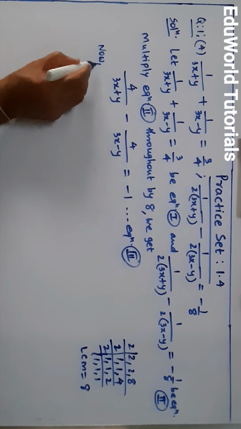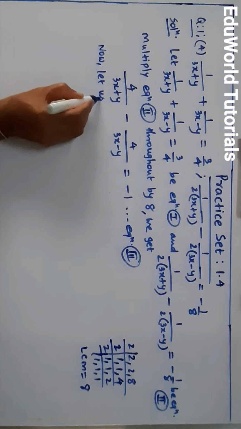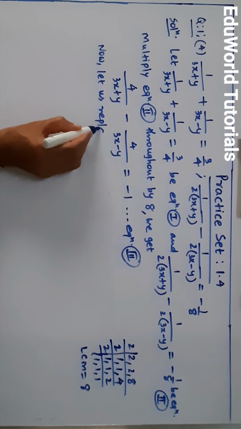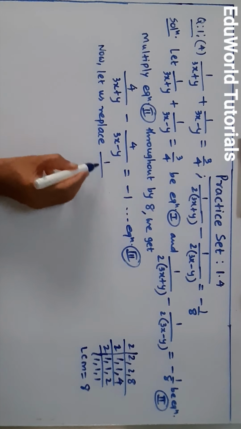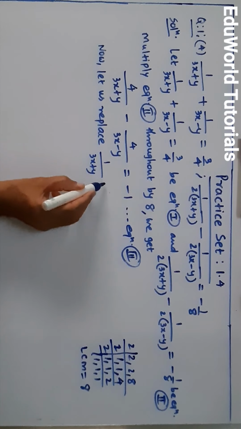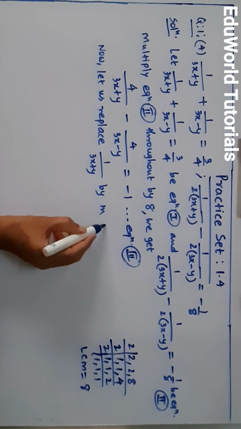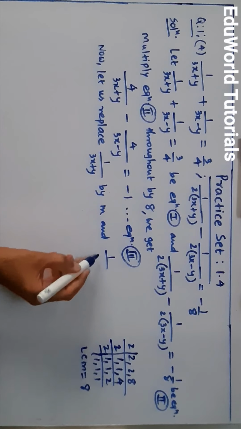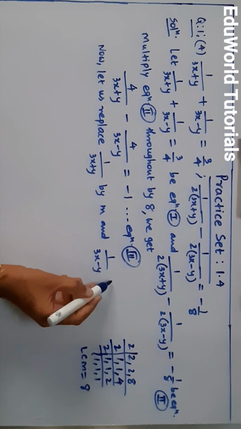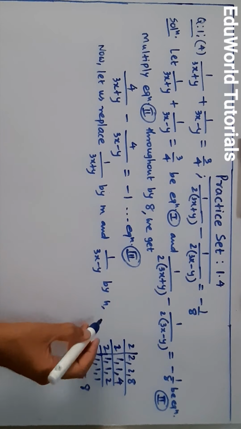Now let us replace 1 upon 3x plus y by m and 1 upon 3x minus y by n. What do we get?